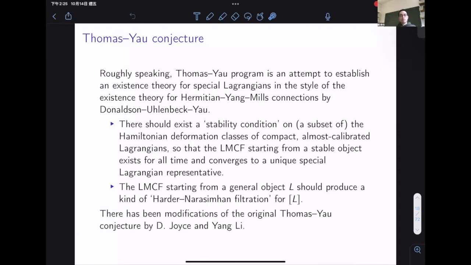And there has been some modification of the original statement of the Thomas-Yau conjecture due to Dominic Joyce and recently by Yang Li.